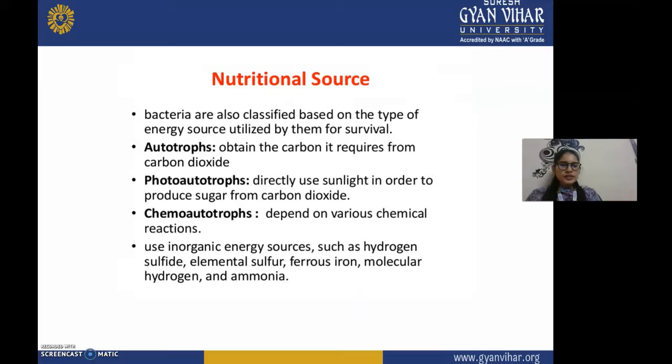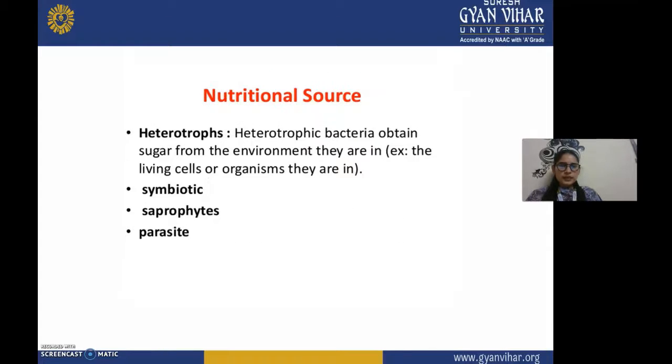Then classification based on nutritional source. Bacteria are also classified based on the type of energy source utilized by them for survival: autotrophs, photoautotrophs and chemoautotrophs. Then we have heterotrophs.